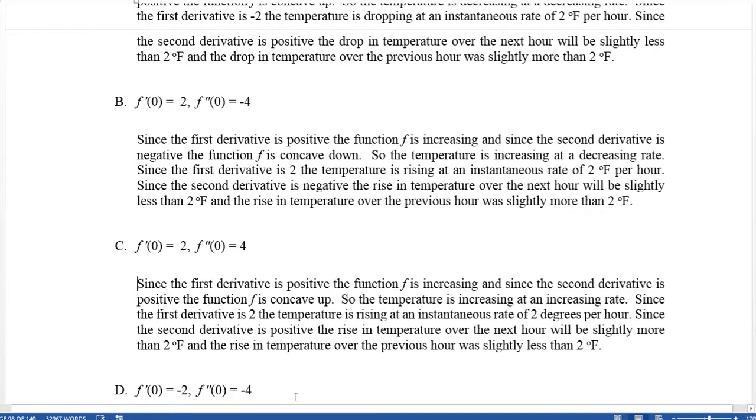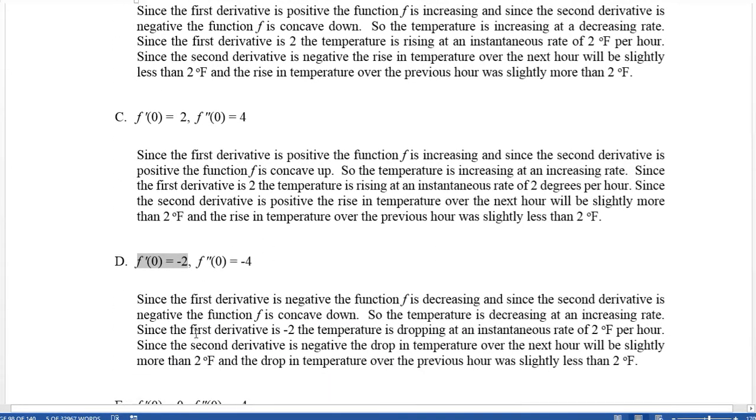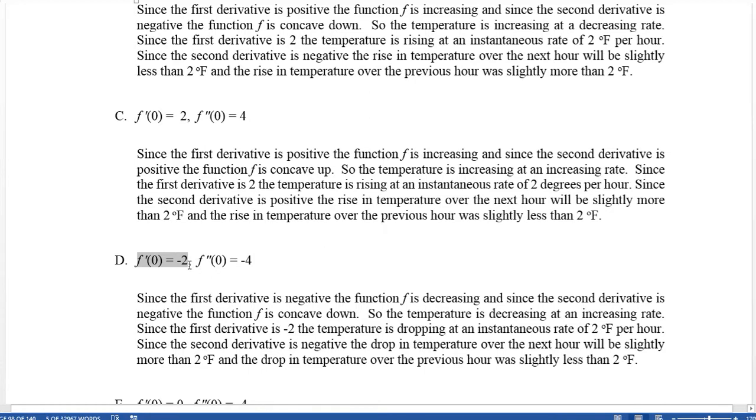f prime of 0 equals -2, and f double prime of 0 equals -4. Well, this time we have a negative first derivative, so the original function is decreasing, and it's decreasing at about 2 degrees Fahrenheit per hour, so we expect a drop of about 2 degrees in the next hour.